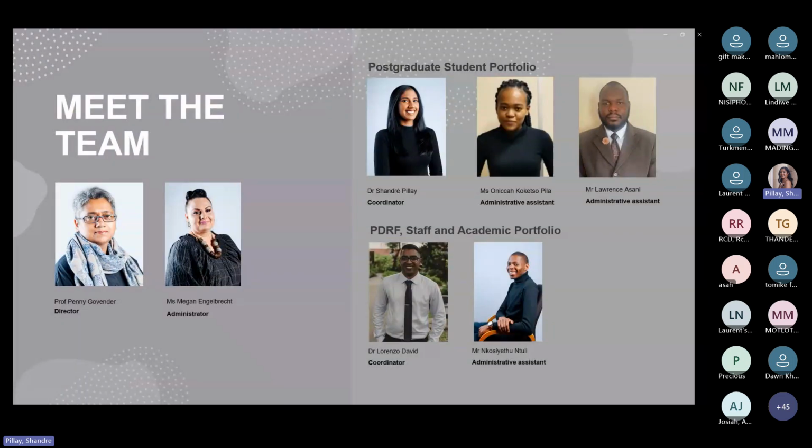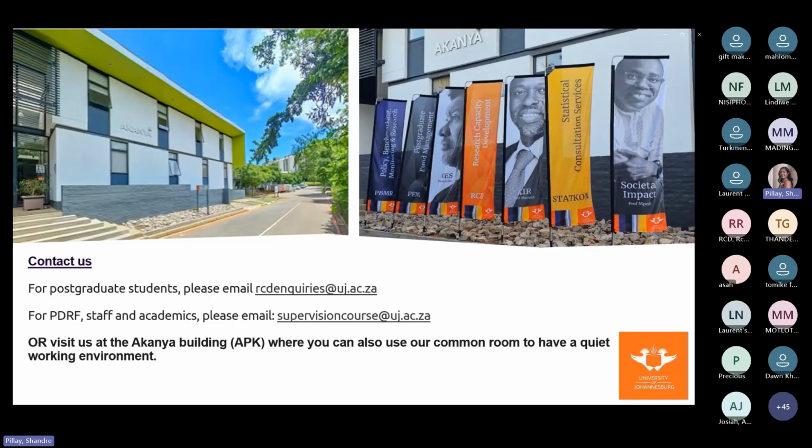Meet the RCD unit team, consisting of quality staff members who bring their expertise to the unit to rise above the students', staff, and university's expectations. Postgraduate students may contact us via RCD inquiries. PDRFs, staff and academics may contact us via the supervision course address. Or visit us at APK campus, where you can also use our common room to have a quiet working environment.